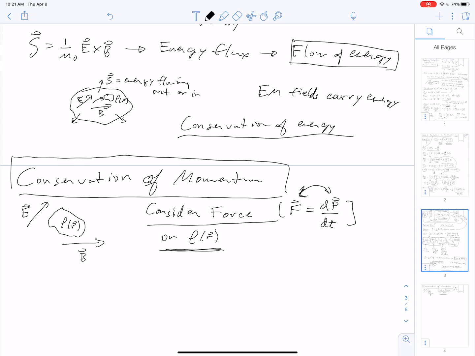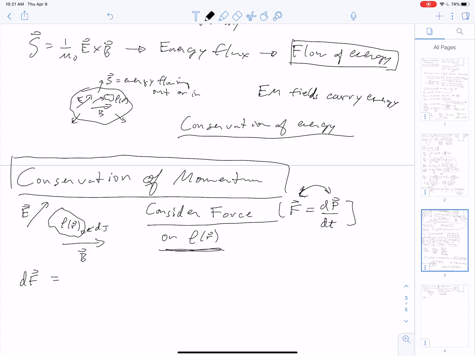If I consider some itty-bitty part of this charge distribution, a little volume d tau, then there's going to be a little itty-bitty force acting on it. I'll call it dF. There are two things that can act on that little volume.